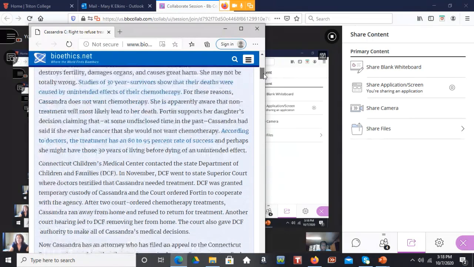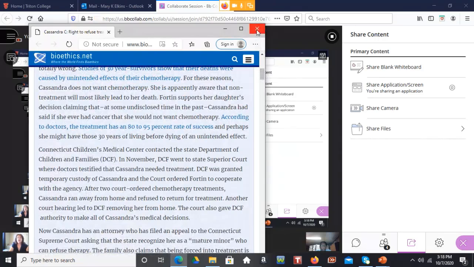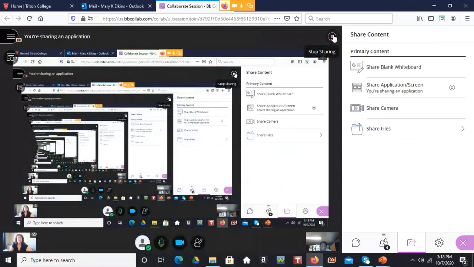So what happened was the doctors decided that it was in her best interest to continue the chemotherapy for her lymphoma, which had an 80 to 90% chance of survival. The patient had refused. She was 17 years old. The doctors took the case to the Supreme Court.